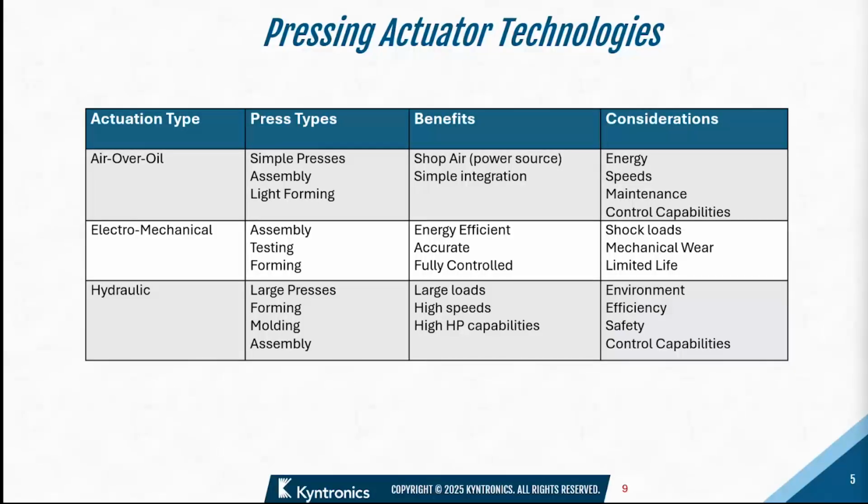But with that, you lose some of the control capabilities, of course. There's maintenance. You have the compressor running all day long, energy inefficiencies and those sort of things associated with that. And of course, as I mentioned, you lose some of the control capabilities and short stroking and various force modes and things like that.